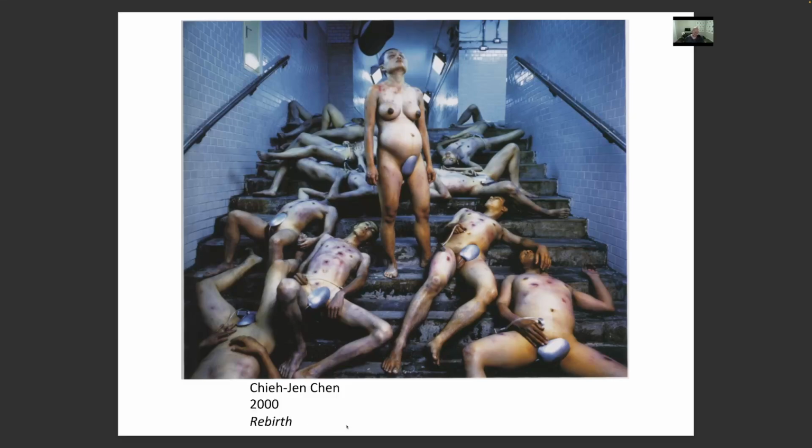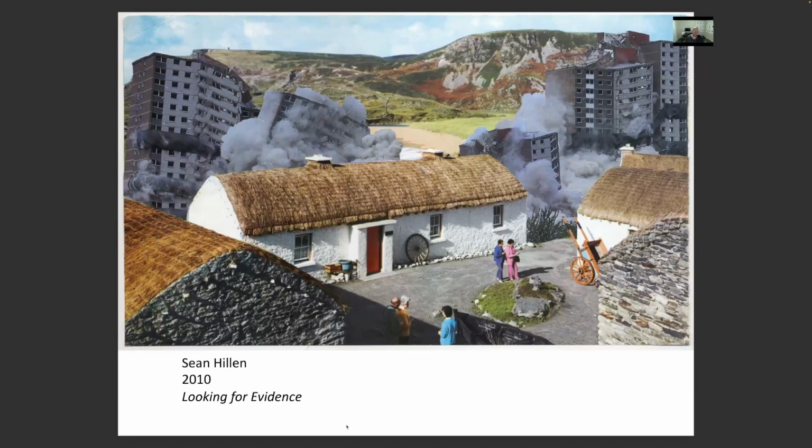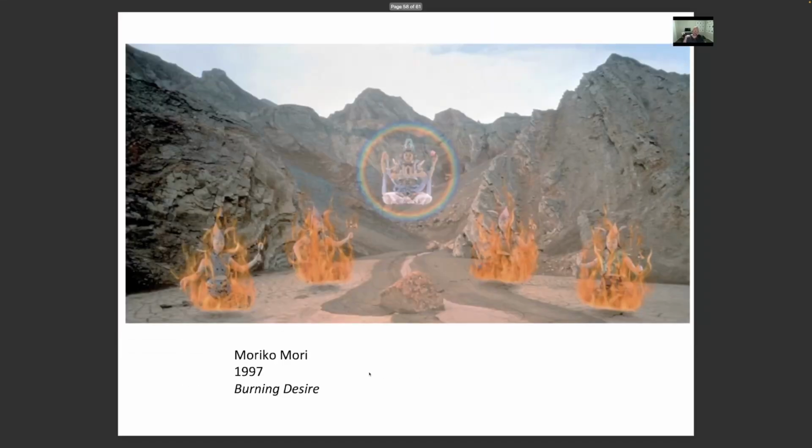So this is sort of a metaphorical rebirth. I thought this was kind of cool because there's a really clear distinction between the foreground, this gray or desaturated middle ground, and then the background. So I liked how obvious the foreground, midground, and background were.